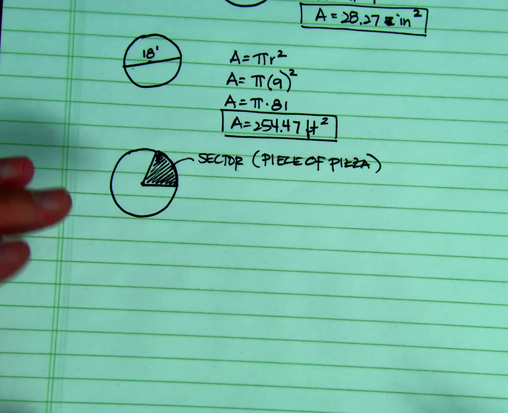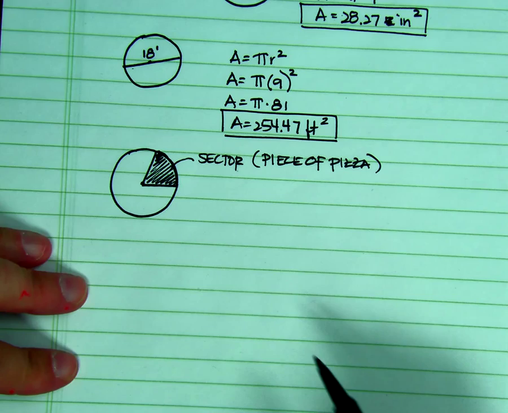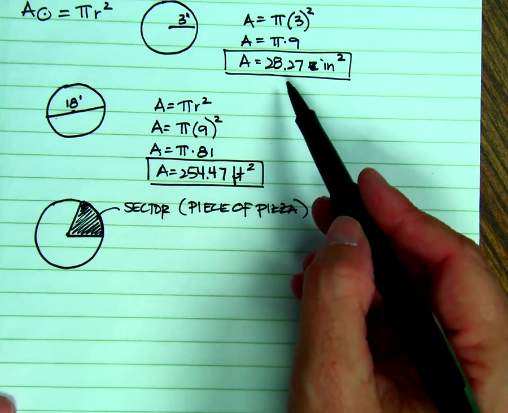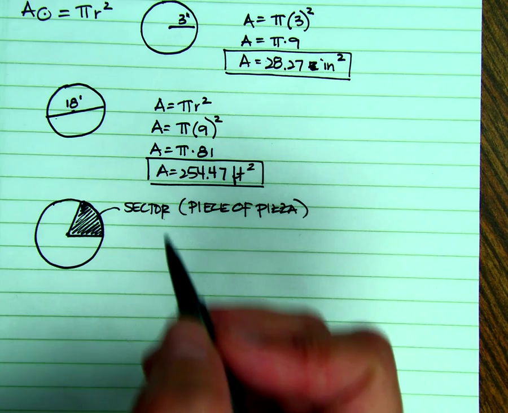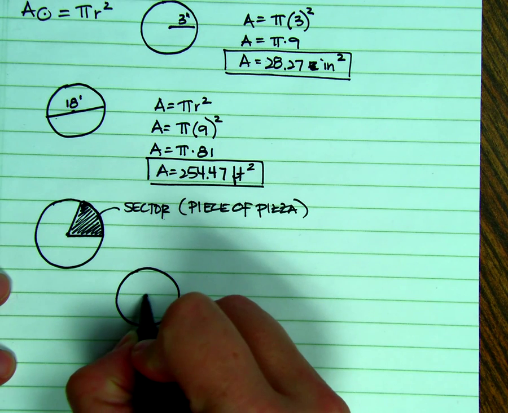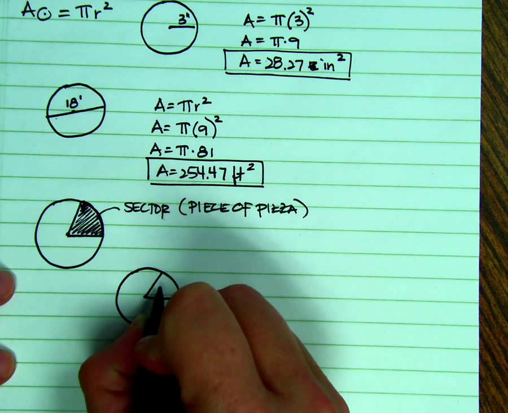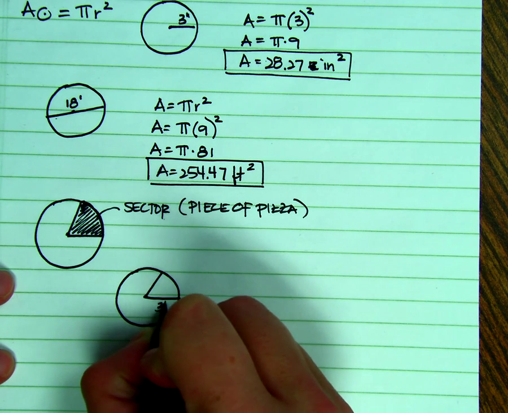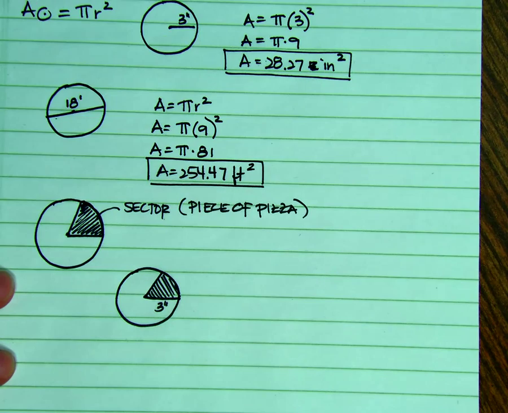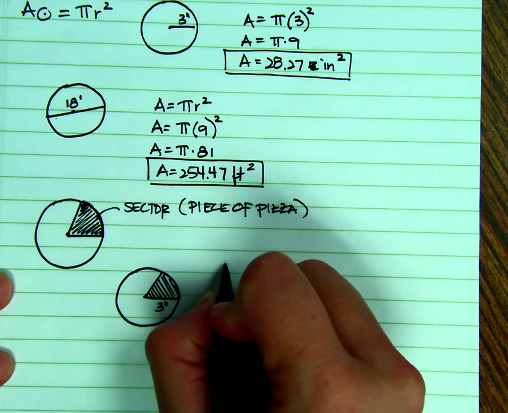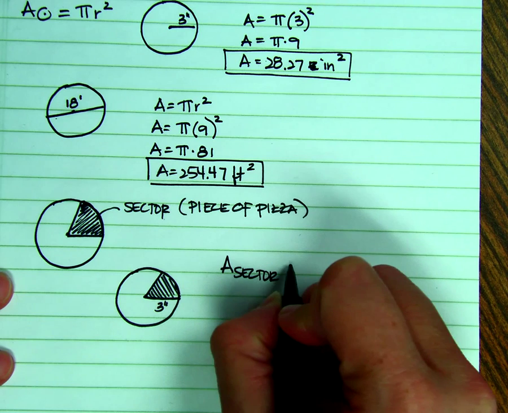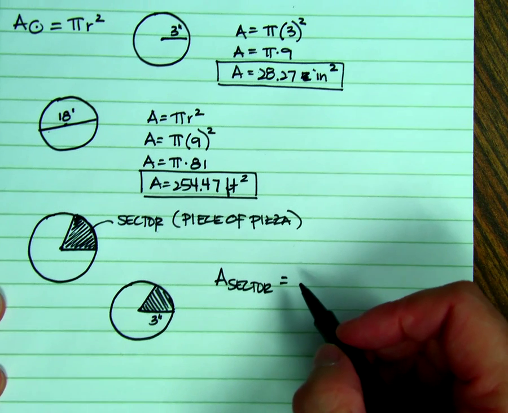Okay, so if I want to find the area of the sector, let's go back to the first example that we had. So we already know the area, so we are not doing it again. So the area of a sector, so this had a radius of 3 inches. If I'm looking for just that much of it, the area of the sector equals the piece, just like for arc length.